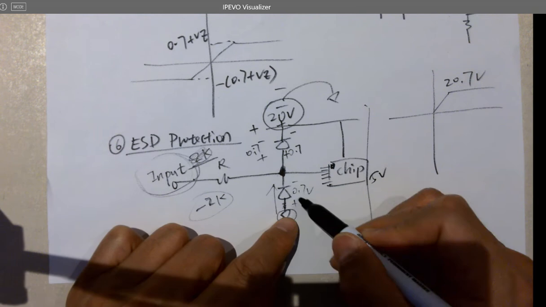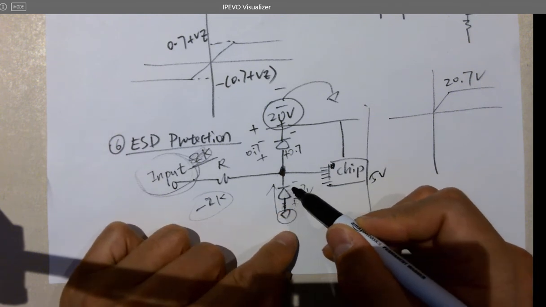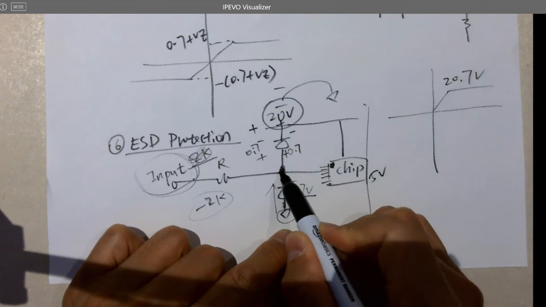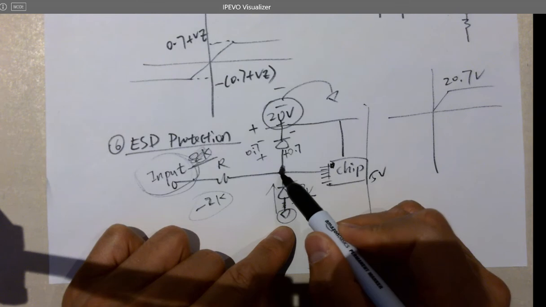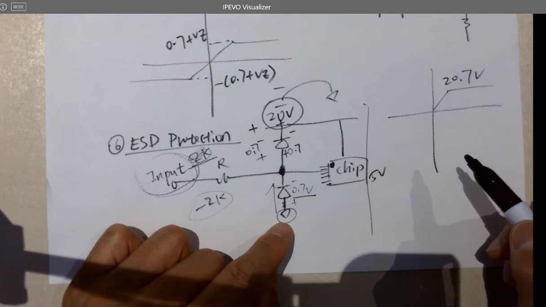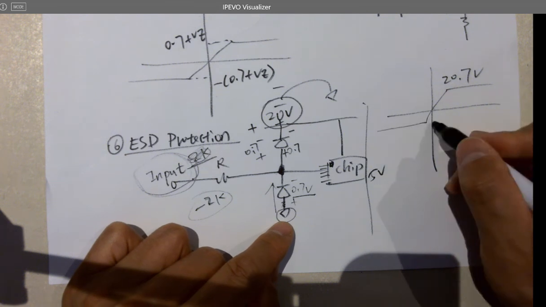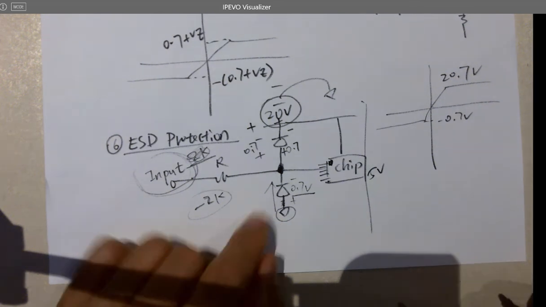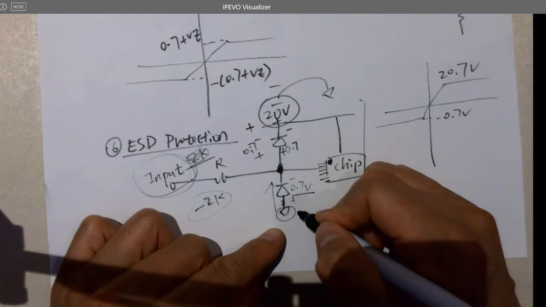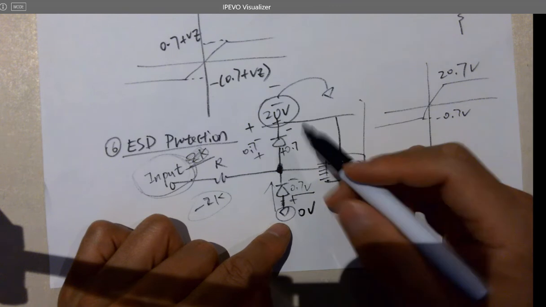But because this 0.7 volts will be the constant voltage across the diode, the voltage here won't be negative 2000 volts, right? So what would the voltage here be? Yeah, it's negative 0.7 volts, right? Because here's 0 volts, and you got a 0.7 volts drop, so 0 minus 0.7 will be negative 0.7.